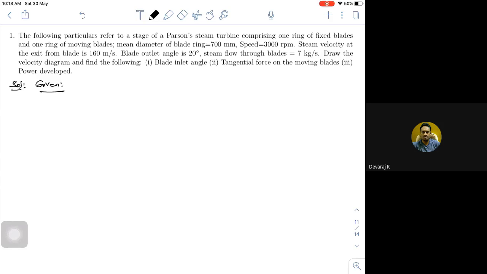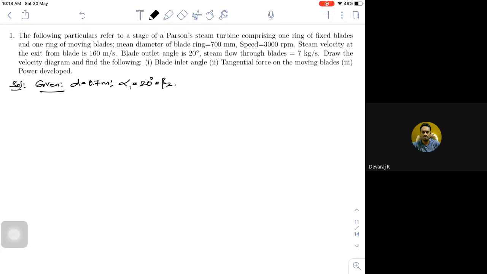They are given the mean diameter of the blade, that is D is equal to 700 mm or 0.7 meters, and it is the flow angle that's given. The flow angle is 20 degrees. That is the blade outlet angle with respect to the nozzle, so it becomes the flow angle, which is equal to your beta 2.